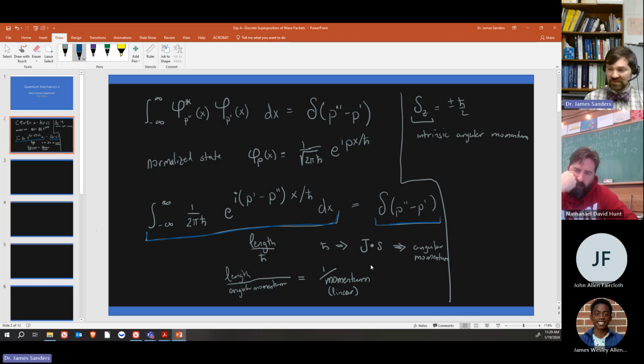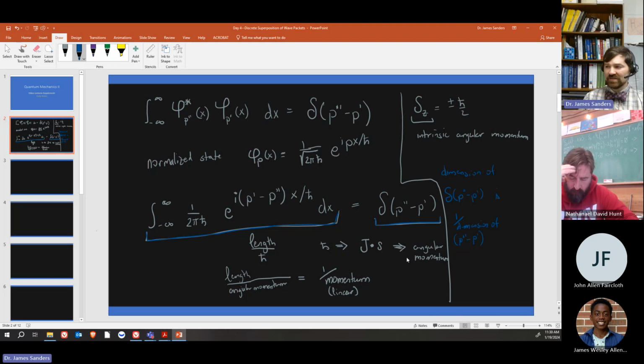That's just basic dimensional analysis. So the dimension of this Dirac function is 1 over the dimension of P double prime minus P prime.